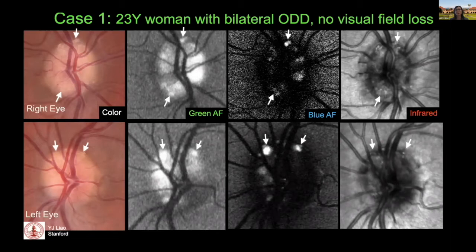In blue autofluorescence, you see fewer areas that are affected, but you see areas that are quite punctate and distinct. On infrared imaging, you see that the entire optic nerve in the right eye on top looks like it's raised, and you can see this contour as well as a darker ring of shadow that is nicely illustrated on the bottom.